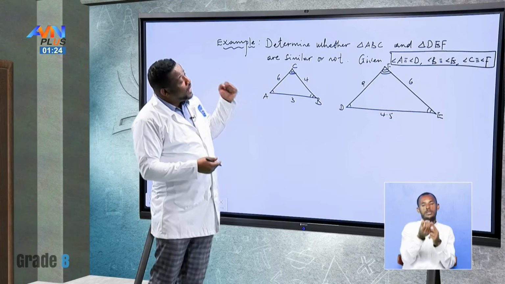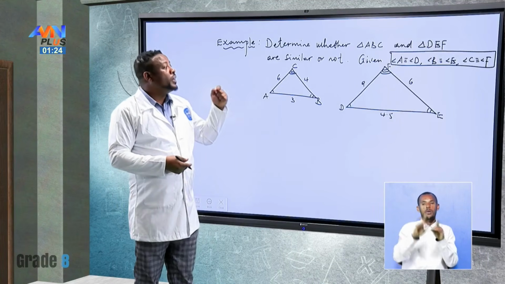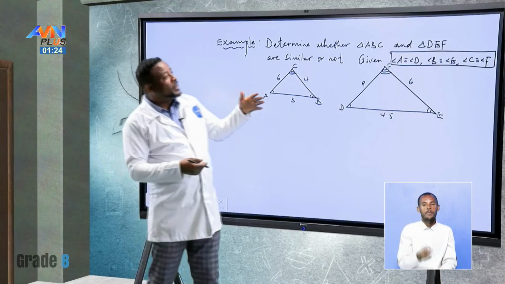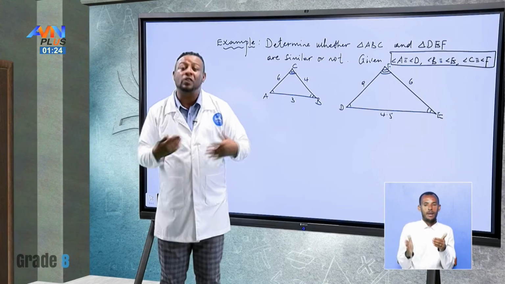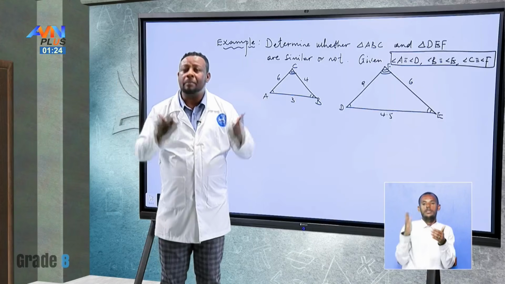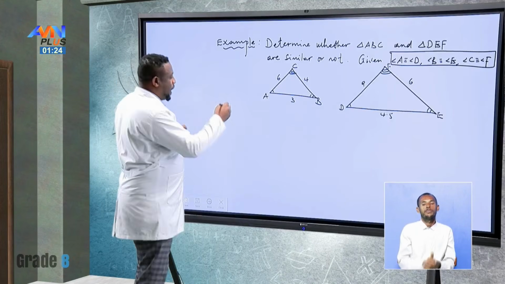So the only thing that we need to do here is check the pairs of corresponding sides. Are the ratios of corresponding sides the same or not?